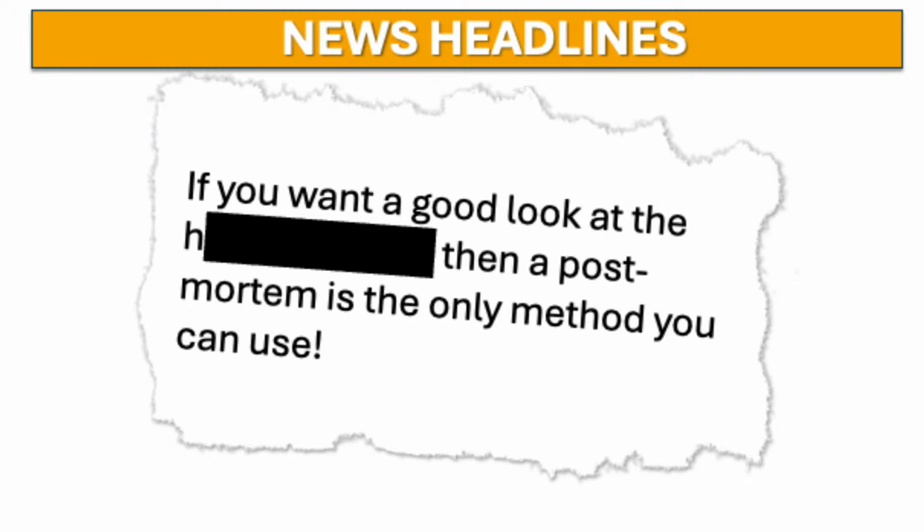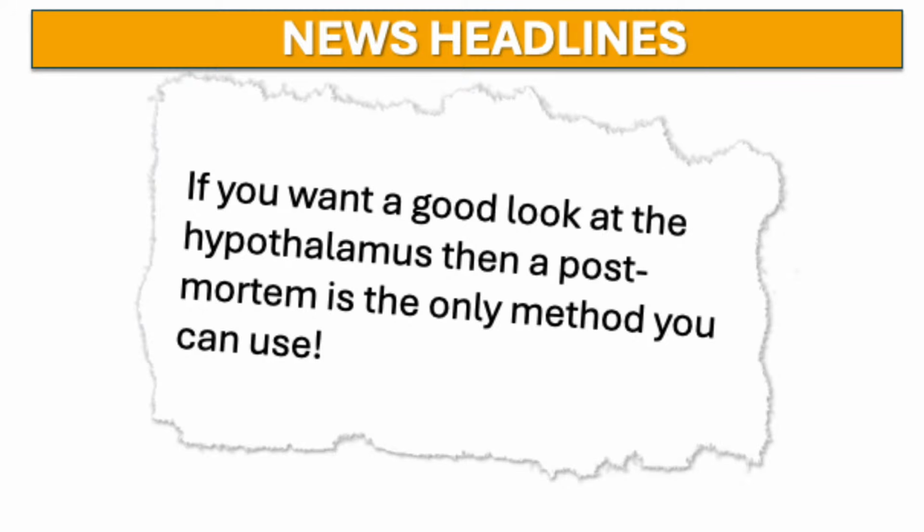What's another area of the brain, guys, beginning with H, do we think? There's another area of the brain beginning with H. But yeah, we could obviously say hippocampus. Yeah, hypothalamus is the one that we've got here for the missing word. Well done. So yeah, hypothalamus, then of course, if we want to look at this in detail, a post-mortem is the only method that you can use.